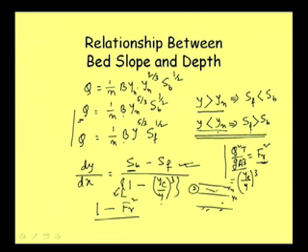Then also we can see, of course, here we need to have that understanding: when the depth of flow is greater than y c, then that means the flow is subcritical.